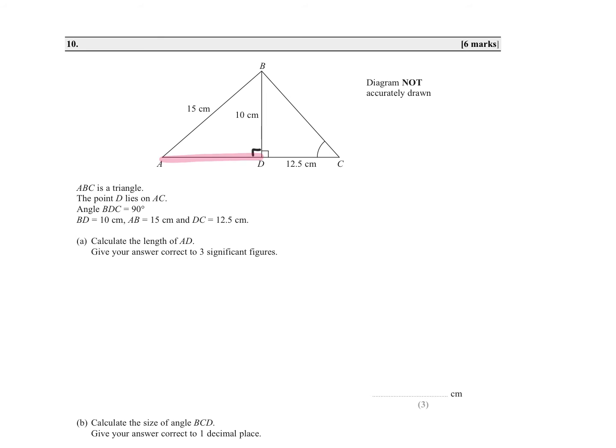Now, I know what you're thinking. We have angles, we have right angle triangles. So you're thinking SOH CAH TOA. However, you remember Pythagoras that we did yesterday? So if we have two lengths and we want another length, we have to use Pythagoras.